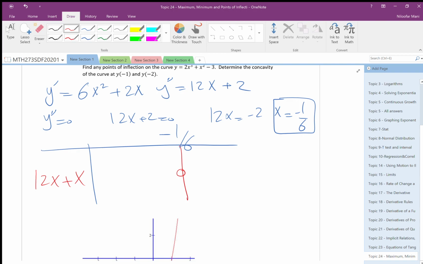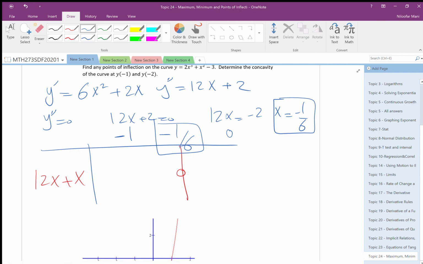I can tell you a method, but I don't want to go into those details. So you can check a point after and a point before this. Here you have to have a good sense of numbers. Here I have minus 1, because minus 1 over 6 is between those two numbers.